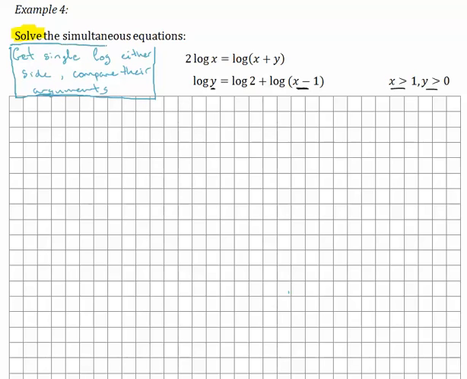What do we mean by arguments? The arguments are simply the things in front of the logs.